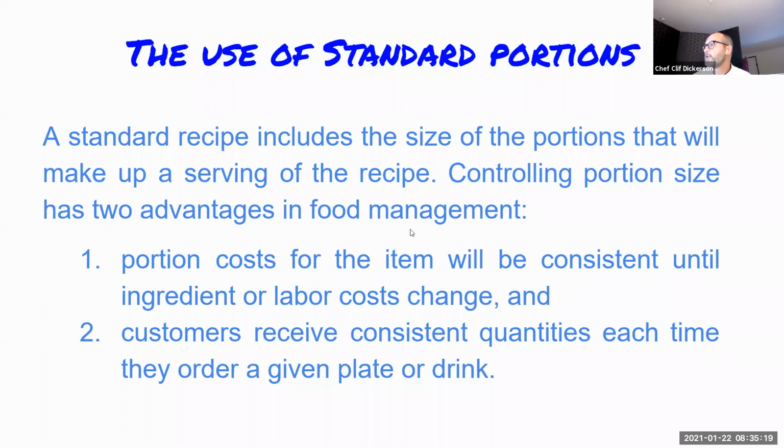A standardized recipe also gives you the portion size, and you always want to figure out how much it costs to make one dish. Once I determine how much it costs to make one serving, I can cost it out for a burger.